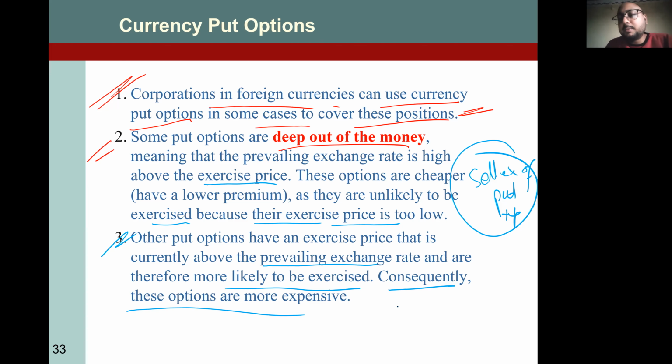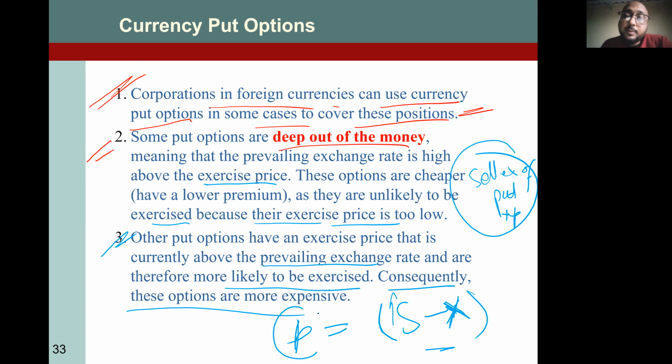These are more expensive. Similarly, that's what we discussed. It has a negative impact on the premium of the put. If the spot price is higher than the exercise price, or is likely to be higher, it has a negative impact on the put price. Not put price, put premium. Sorry.